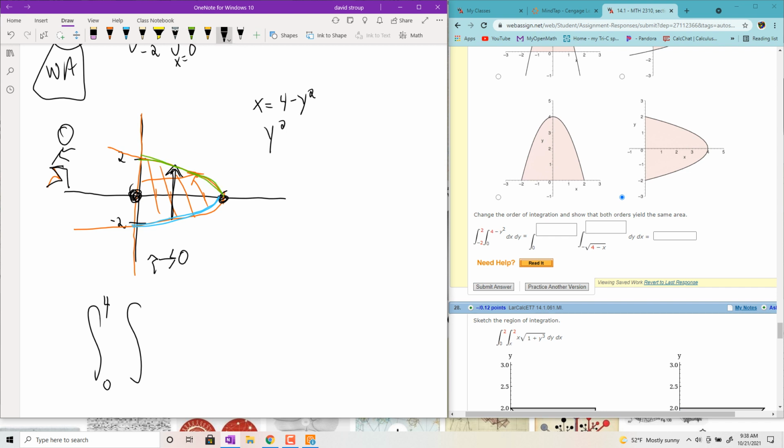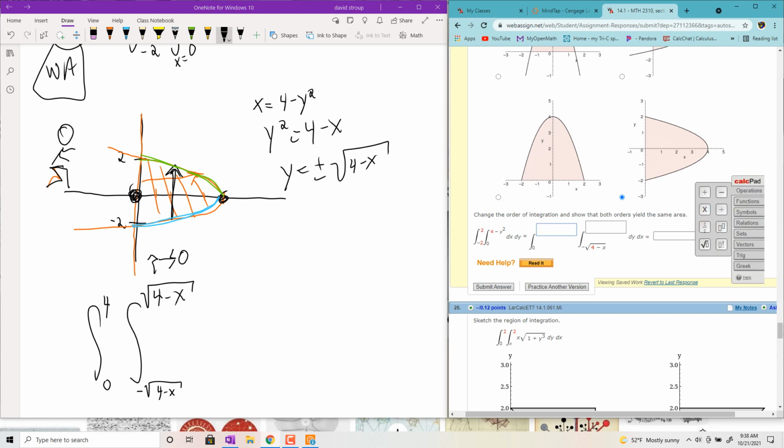I get y squared equals 4 minus x, and then y equals plus or minus square root of 4 minus x. The plus version is the green curve, the minus version is the blue curve. So going from curve to curve, I'm going from y equals negative square root 4 minus x to positive square root 4 minus x.